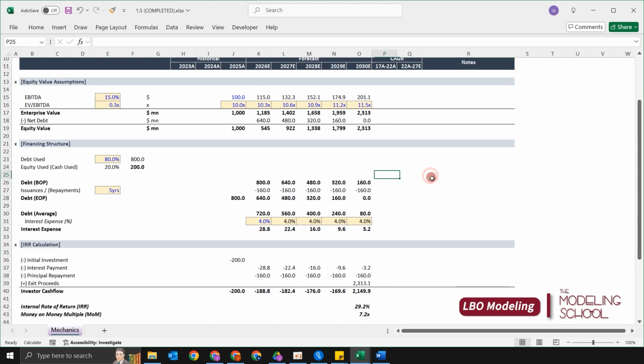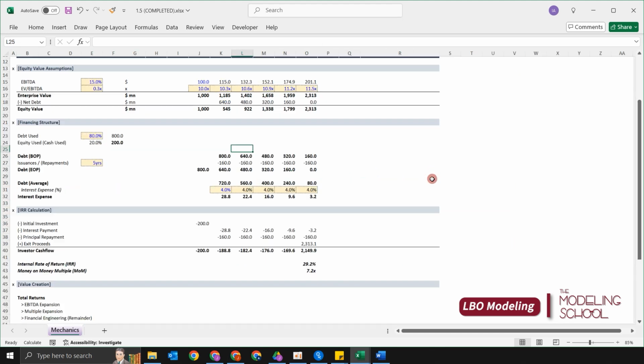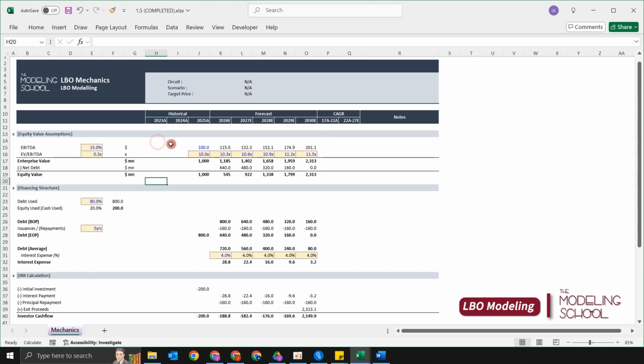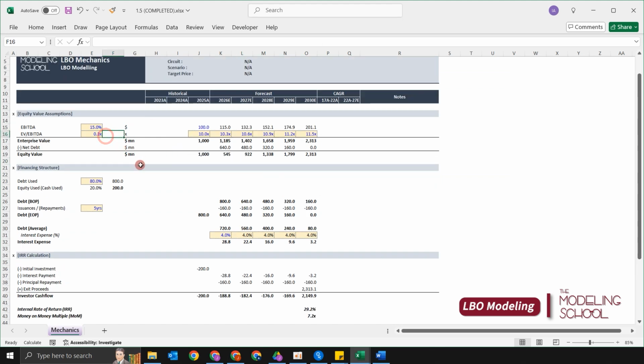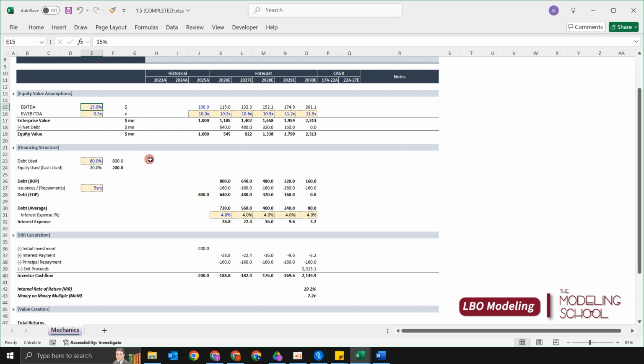So let's see if this works properly. For example, let's assume that there was something negative to the operations of the business, and maybe EBITDA growth falls to 10%. So when we change EBITDA to 10% growth rates, obviously IRR should decline, and you can see that IRR declines.